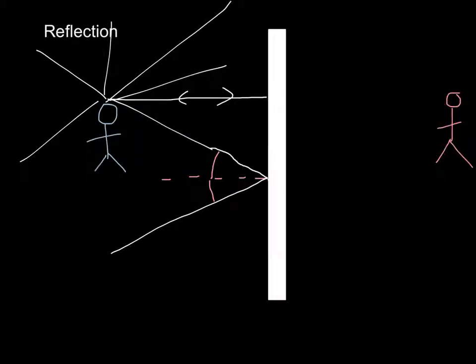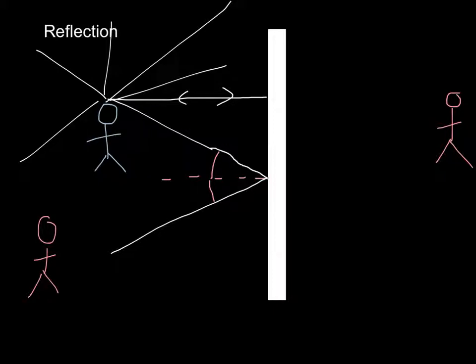But then I think, okay, well, imagine that I'm some guy looking at things from over there. I don't know whether this ray is coming from this guy or from somewhere over here, because this ray is actually seeming to come from somewhere behind the wall. Granted, it doesn't come from behind the wall, it has bounced from here, but if I don't know that there's a mirror here, I would just assume that this just came from somewhere over there. So what I can do is extend this ray in the path that I would imagine it would have.